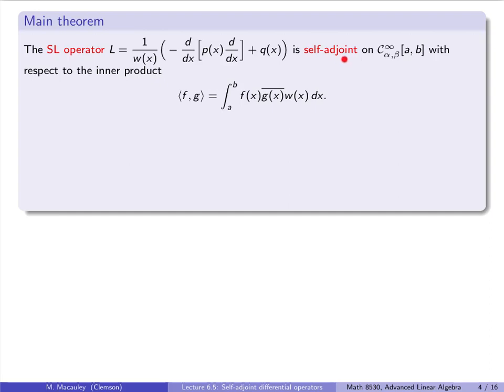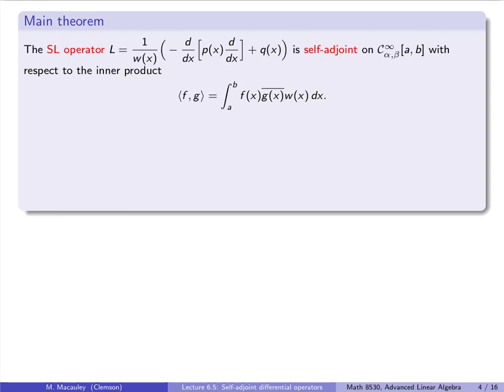Now, when I say self-adjoint, it's with respect to an inner product. The inner product of f and g is defined as the integral over that interval, a to b, of f(x) times the conjugate of g(x) times this weighting function, w(x) dx.